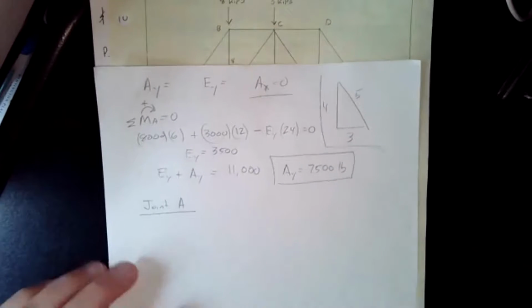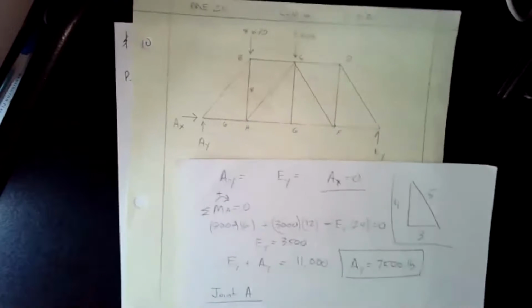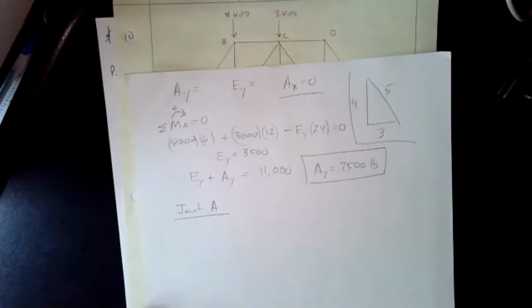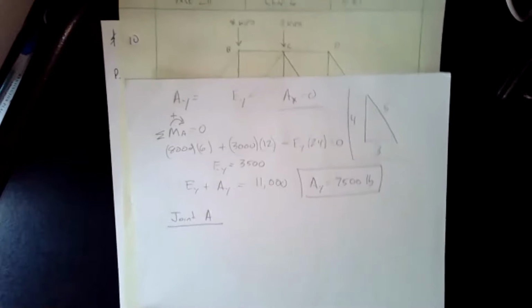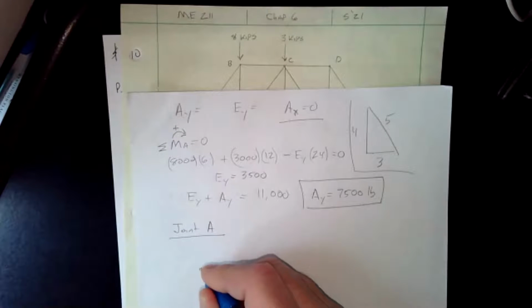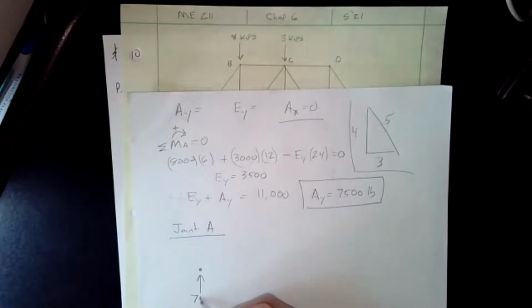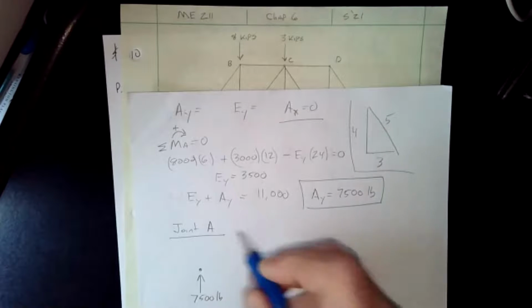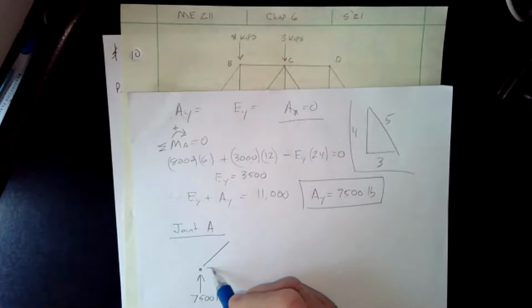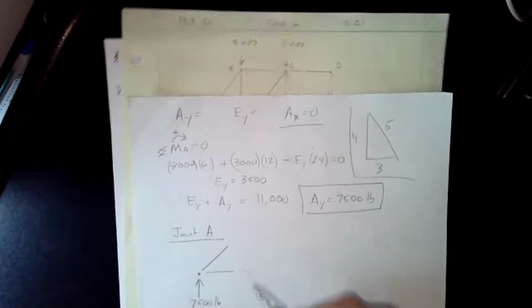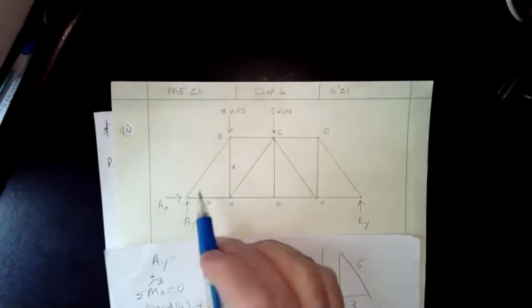Now, if we look at joint A, what do we have? Here's our joint. We have this coming up, and we know that's 7,500 pounds. And then we have these two, AH and AB.